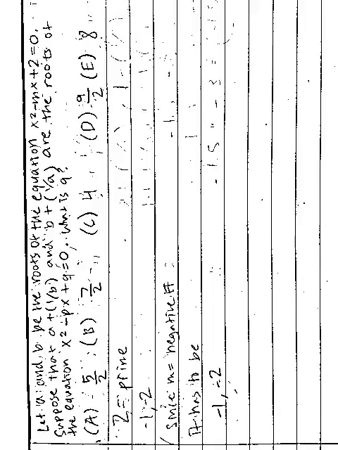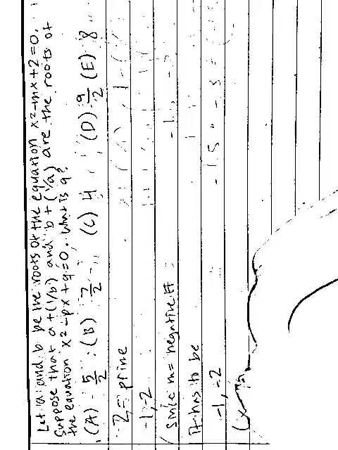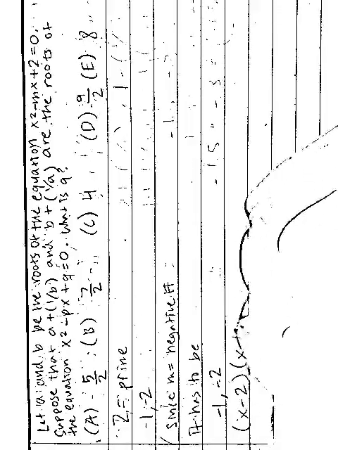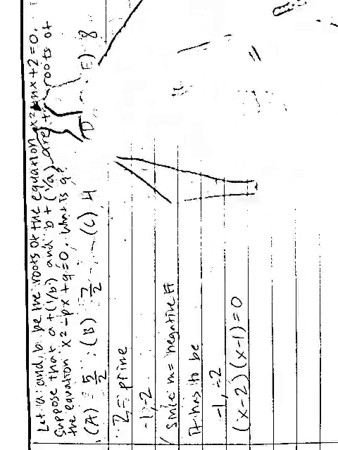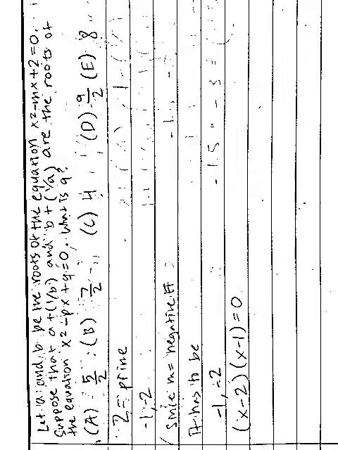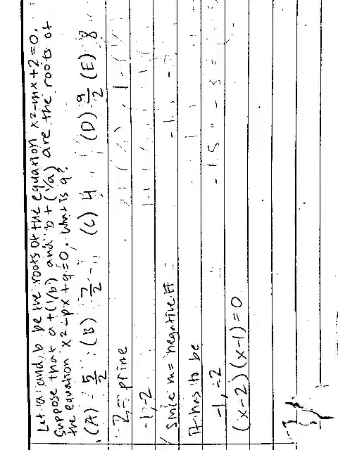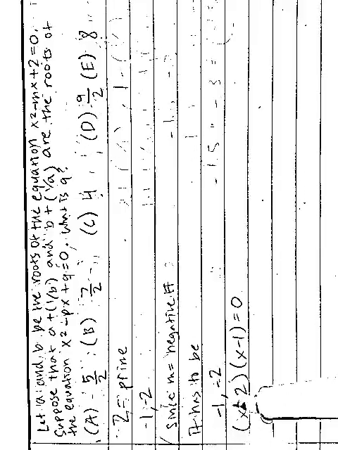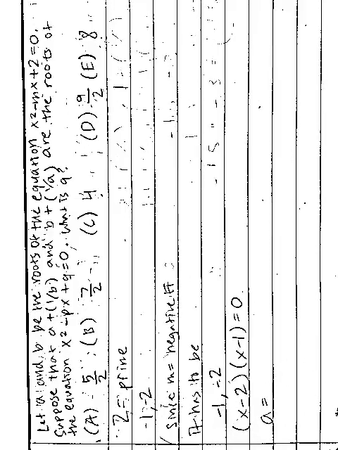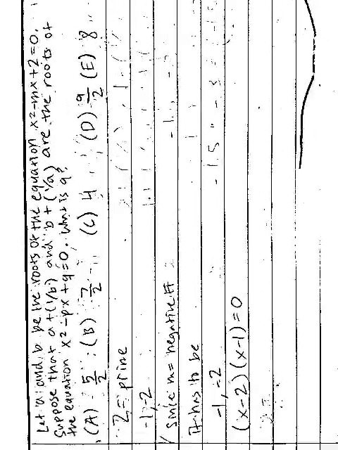Now that we've got that down, if you factor it out, then it'd be x minus 2 and x minus 1 equals 0, which is a factored version of this equation. And you know that the roots are a and b, so that a equals, if you solve for x, here, okay, wait, let me erase this for a second.